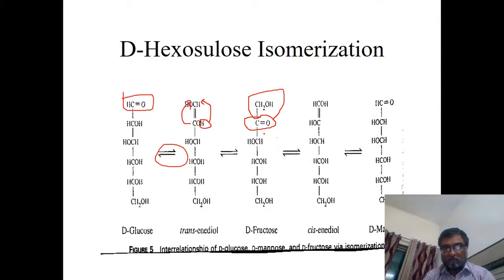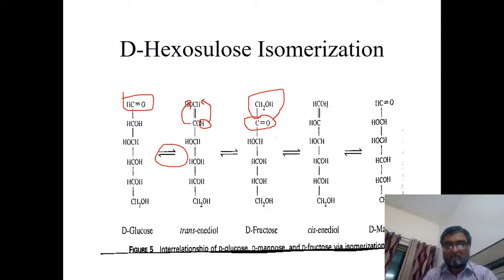And how to convert this fructose? Fructose is a keto sugar that can be converted into an aldose sugar. That can be either converted into glucose through these reversible reactions, or further converted into mannose, again an aldose sugar. Look at this one again. That is a trans-enediol reaction, and at that point, this is a cis-enediol type of reaction.